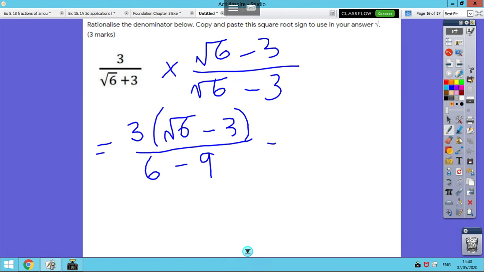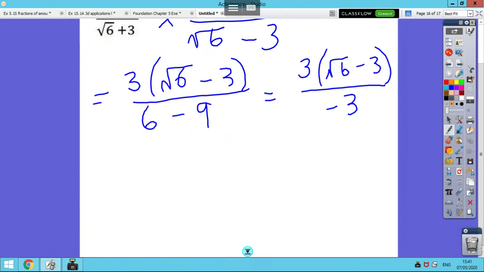Now, if you gave me this, I did accept it, even though you can kind of simplify that even further. So the 3's obviously cancel out, and you get root 6 minus 3 all over minus 1.